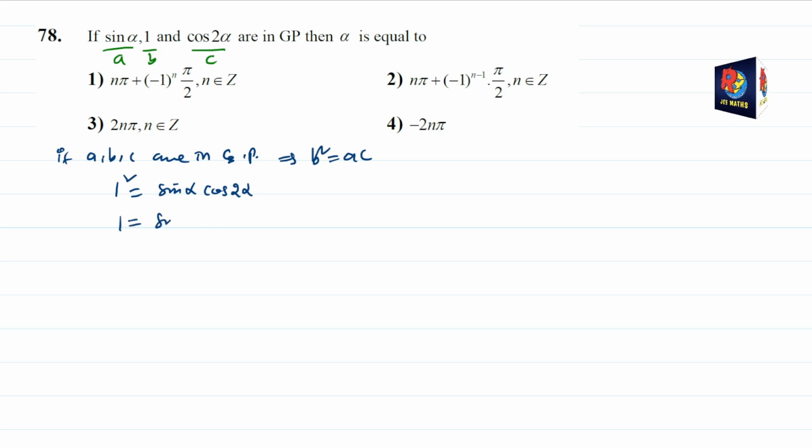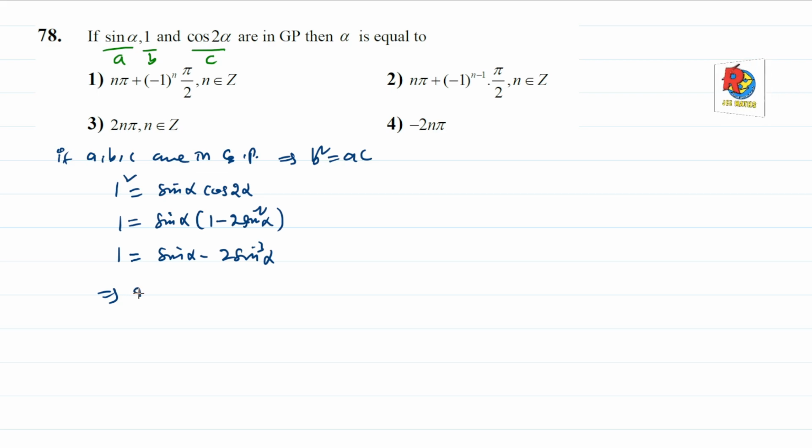Cos 2 alpha in terms of sin is 1 minus 2 sin square alpha. Therefore, 1 equals sin alpha minus 2 sin cube alpha. If I take it to the left hand side, then it will be 2 sin cube alpha minus sin alpha plus 1 equals 0. Let us call this equation 1.